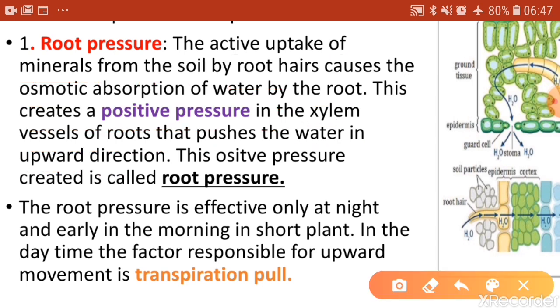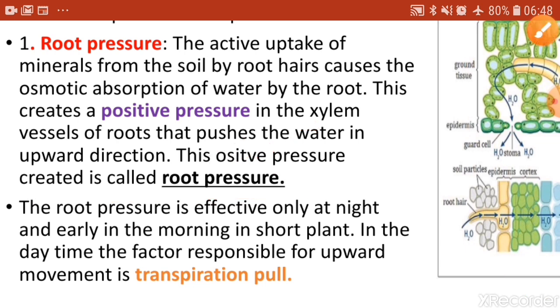The root pressure pushes water. It will give a push to the water in the upward direction. And this positive pressure that is created is called the root pressure.